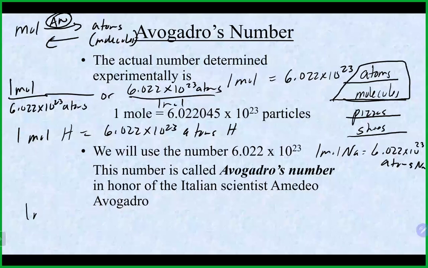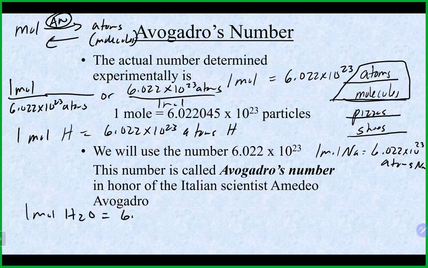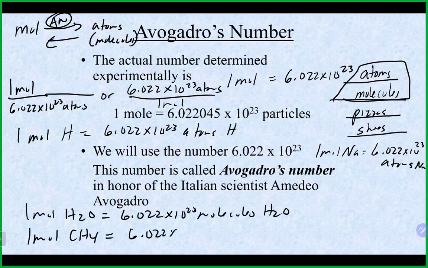If you had 1 mole of water, like I mentioned a second ago, that would contain 6.022 times 10 to the 23 molecules of water. If you had 1 mole of methane, it would contain 6.022 times 10 to the 23 molecules of methane.